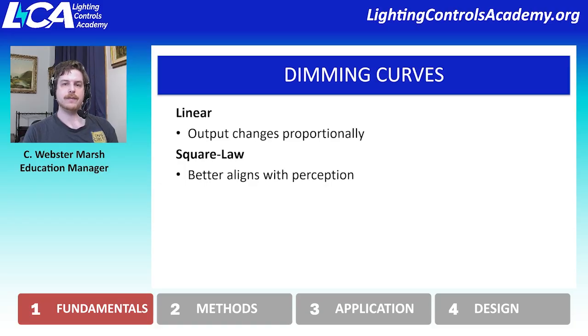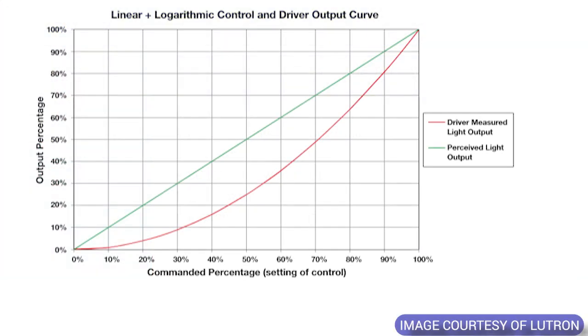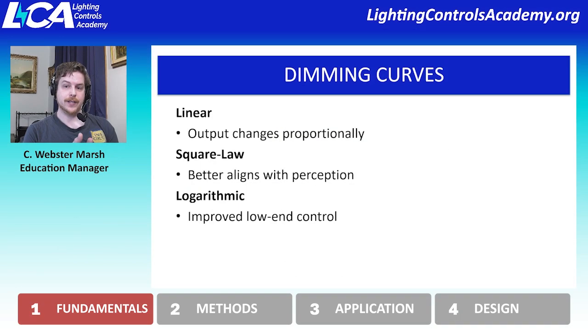It's not as common with drivers because we actually have a different curve, which is logarithmic, which instead of aligning with perception, actually draws out the low end of the dimming curve by allowing us to have more granular control over that low end. So between 0 and 10%, we might actually only be controlling 0 and 5% of the fixture's output, which gives us much more fine-tuned control over that low end, because that low end actually is much more noticeable than the high end of the dimming curve.